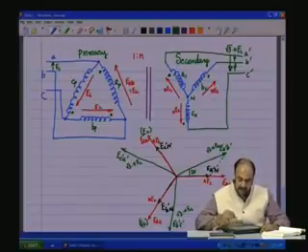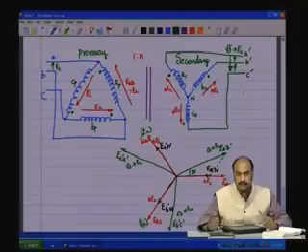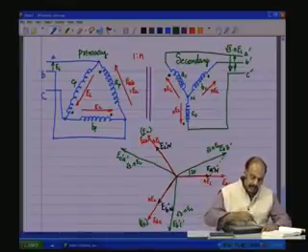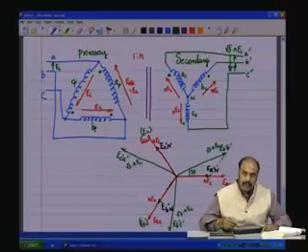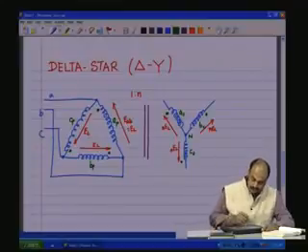Now, you see that the primary 3 terminals and the secondary 3 terminals are phase shifted with respect to each other by 30 degrees, and on top of it the amplitude is root 3 N times. If EL is applied, what you get at the terminals would be root 3 into N EL. Remember that.